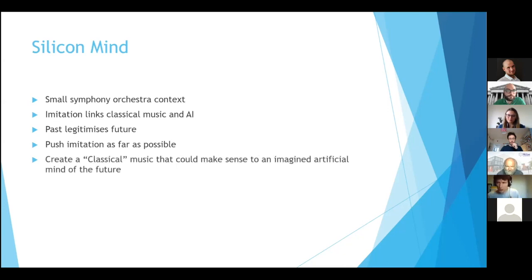The other thing I wanted to do here, which is inspired by a model I saw on YouTube, actually, a music model that used a convolutional neural network and used images to create music rather than sound files, was creating a classical music that could make sense to an imagined artificial mind of the future.